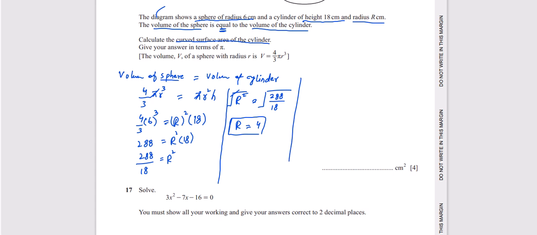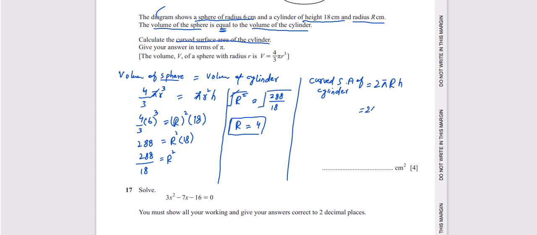The formula of curved surface area of cylinder is equal to 2 pi R H.